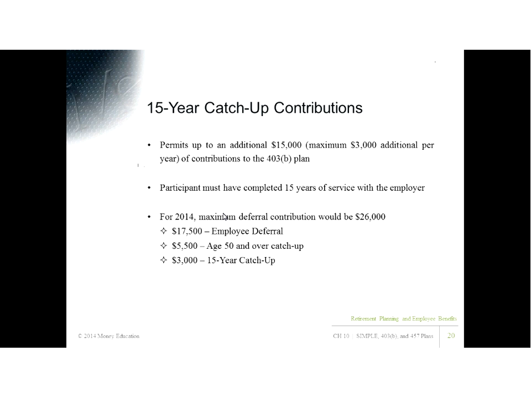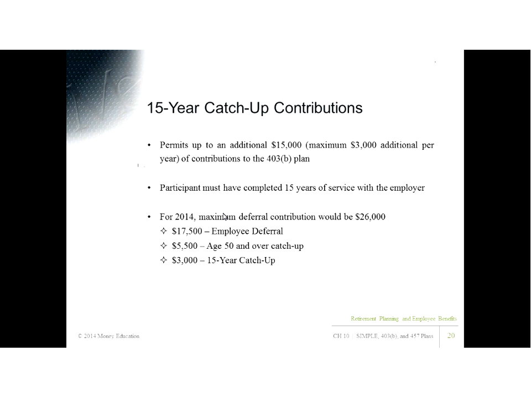Here's the special catch-up. If you have been working at the same place for 15 years, in addition to the $5,500, you can contribute $3,000. Let's say Jake has been working at his employer, a public school, since the age of 33.